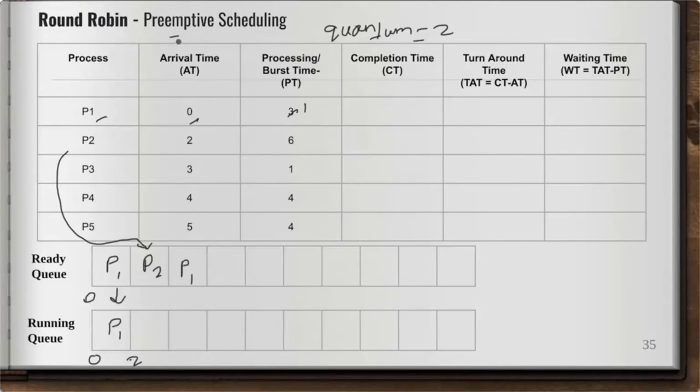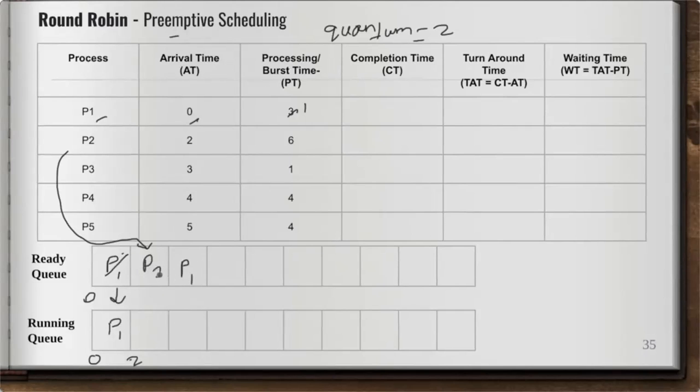It will become non-preemptive because it will get executed till its processing time. So we don't want that. We want preemptive. That's why we'll execute only for 2 units and then put that in the queue. So we'll give a chance to P2 or other processes to be executed. So in this case, we put P1 over there. Okay, so this one is done.